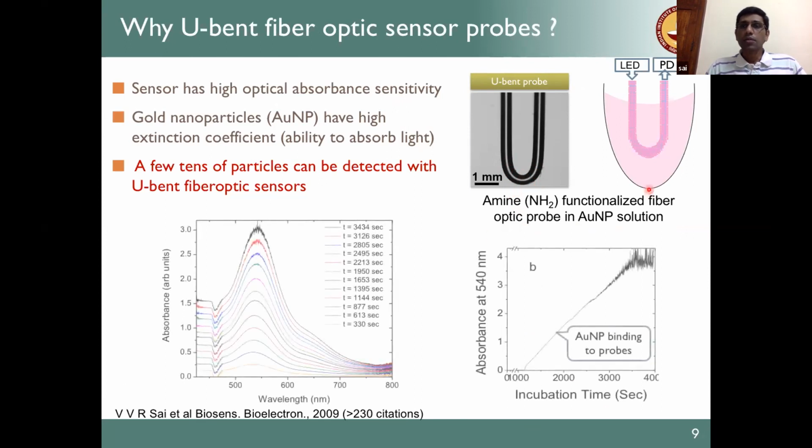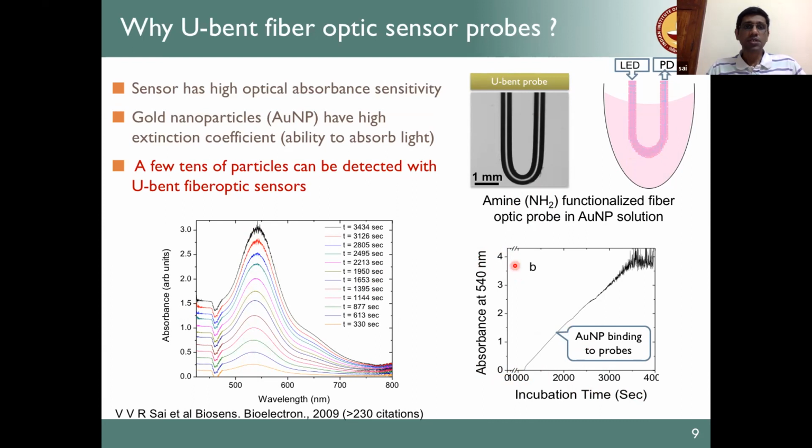And the best thing is, if you functionalize this optical fiber, maybe silica fiber or even PMMA plastic optical fiber, with amine functional groups and dip it in gold nanoparticle solution, as more and more nanoparticles adsorb to the surface, you see more and more absorbance through the fiber. All right. You can have time scales of even a few minutes, and you can in fact see that up to 4 orders of light can get absorbed.